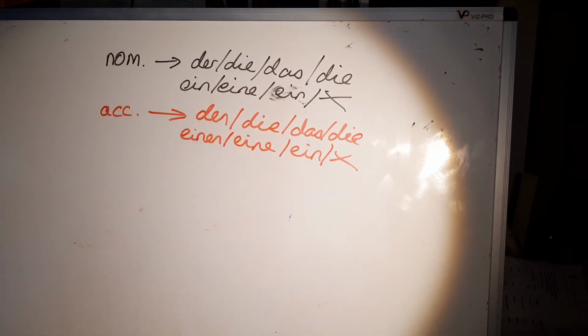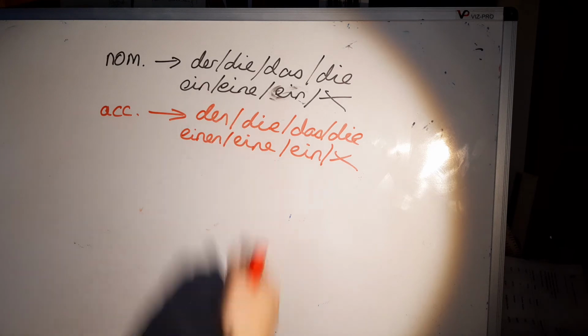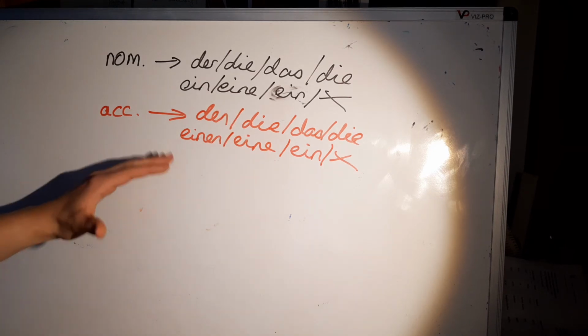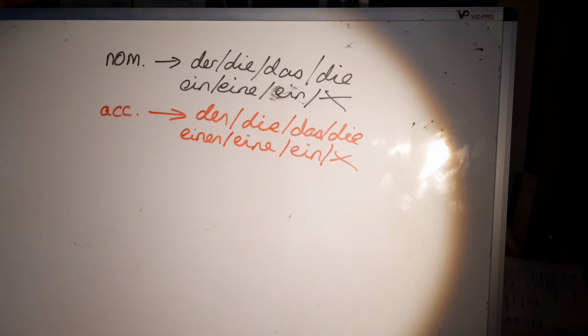So there's only one that changes for accusative. And this is also why when you said ich mag der Vater in year 7, you were wrong, because it should be ich mag den Vater, because the father is the object of that sentence. You are liking onto the father, so you are acting upon the father. So ich mag den Vater.